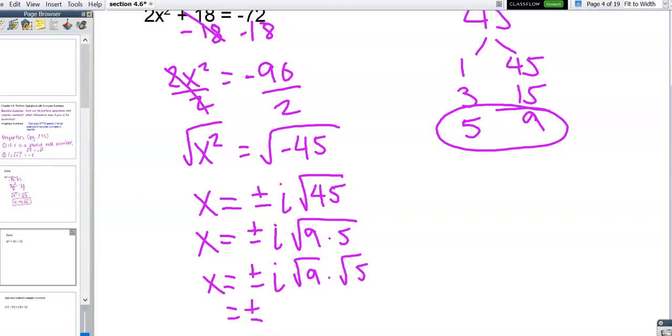Square root of 9 is 3. So we want to write the integer before i. So this would become 3i times square root 5.